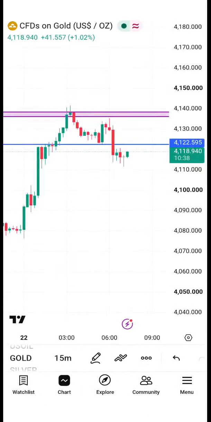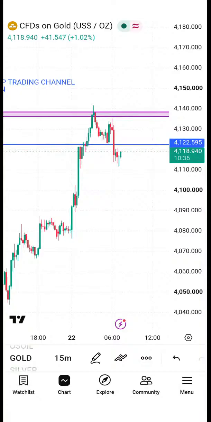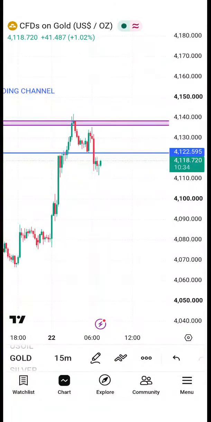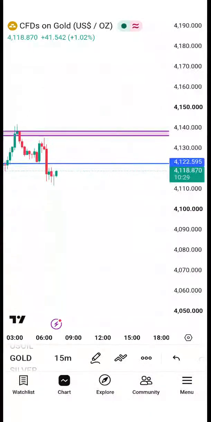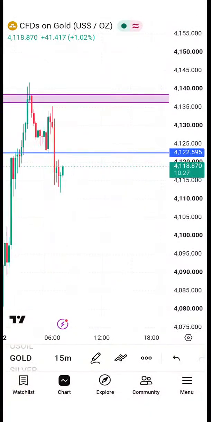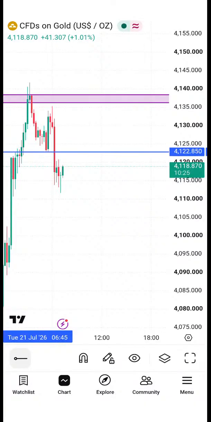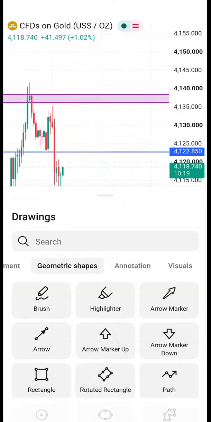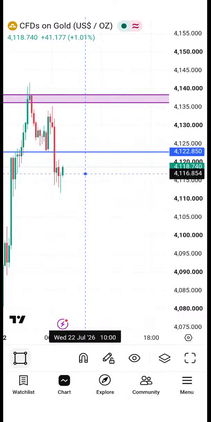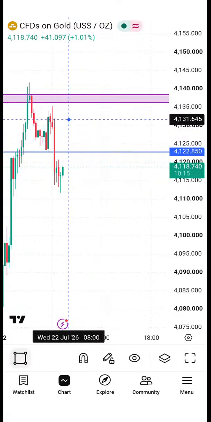Switch to the 15-minute time frame. Let's see. Okay, it's nice. This low was taken, so we have an OB around here.